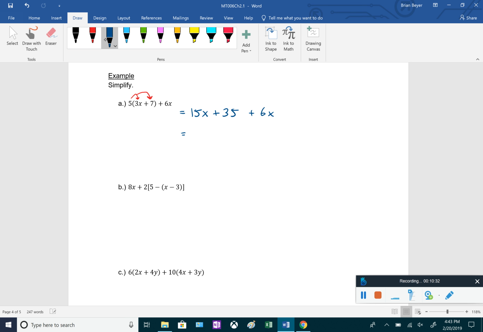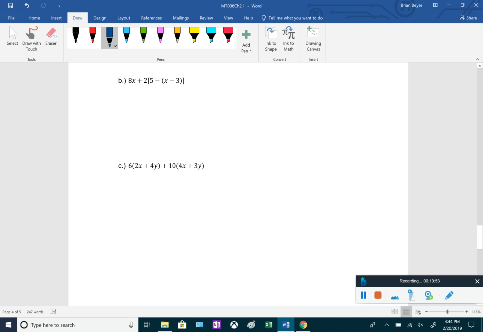So we have 15x plus 6x. I'm not going to rewrite it next to each other, you can if you want, but recognize those are like terms. 15 plus 6 is 21. So 21x plus 35. Now it's simplified: no more parentheses, and like terms are combined.